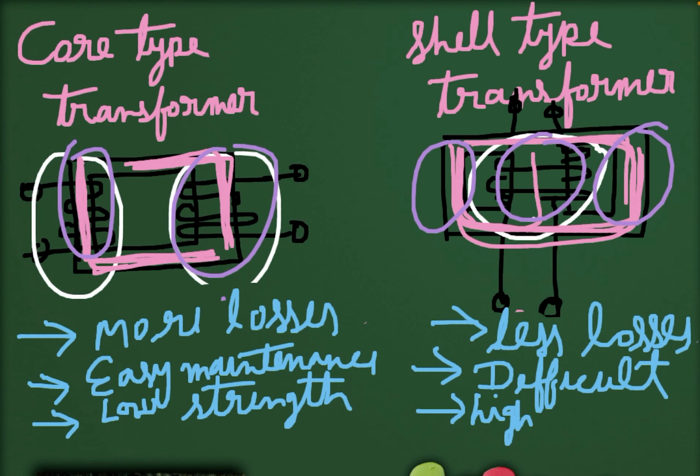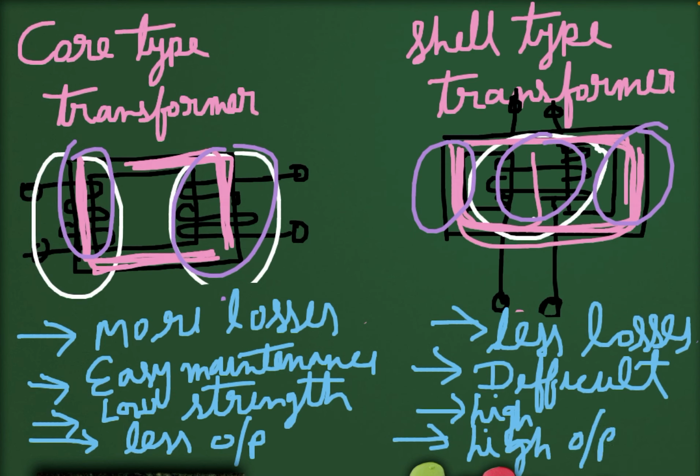Next point is output: core type output is less, while in the case of shell type output is high.